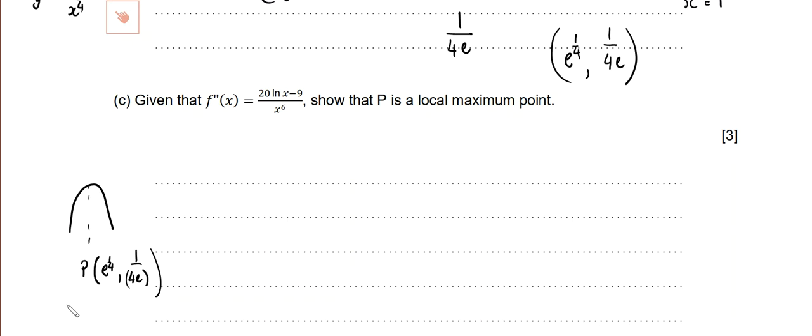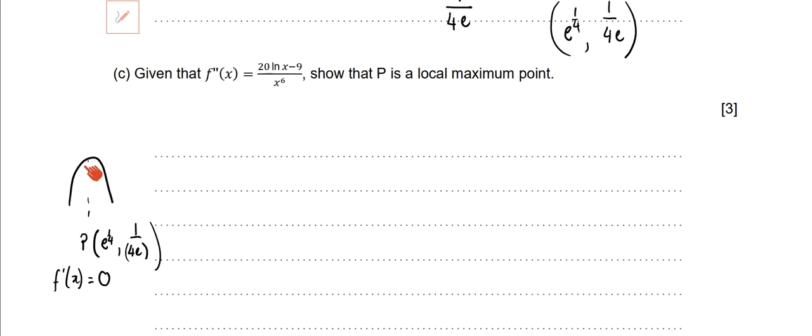What we have already stated is that f dash of x equals 0. To the left of it f dash of x must be positive, and to the right of it f dash of x must be negative. We could do it that way, but we are being asked to use the second derivative.